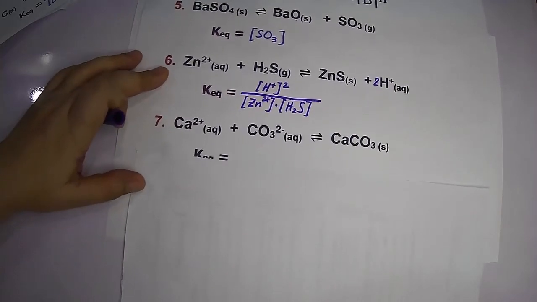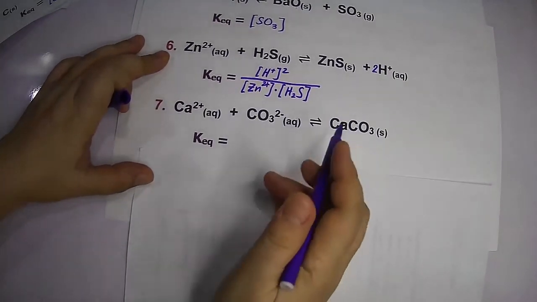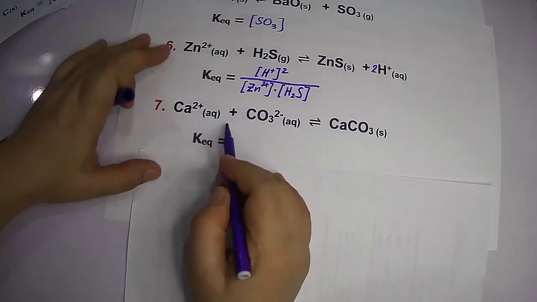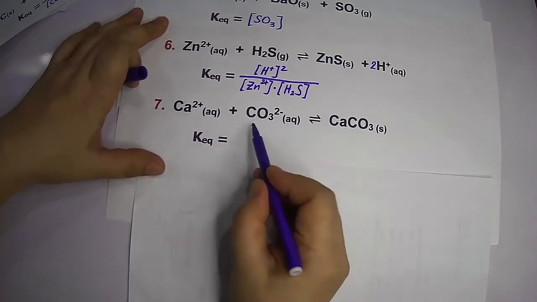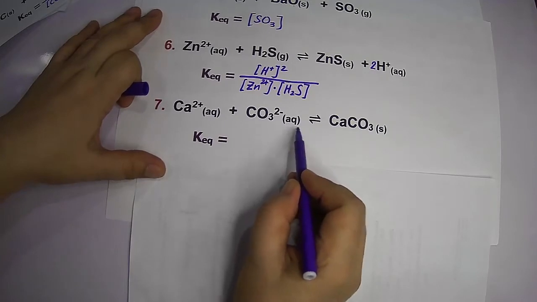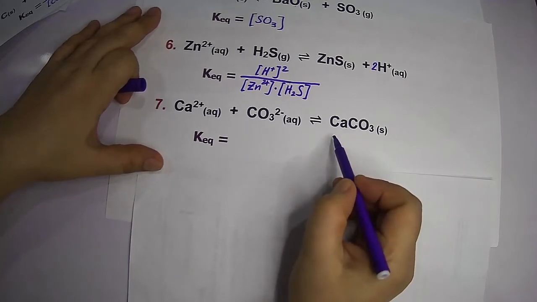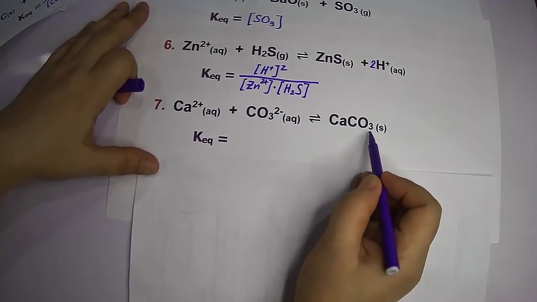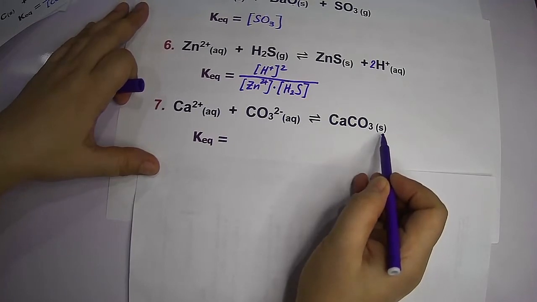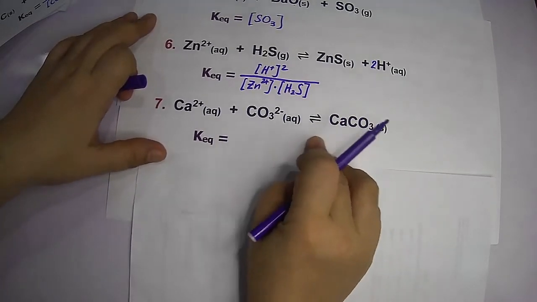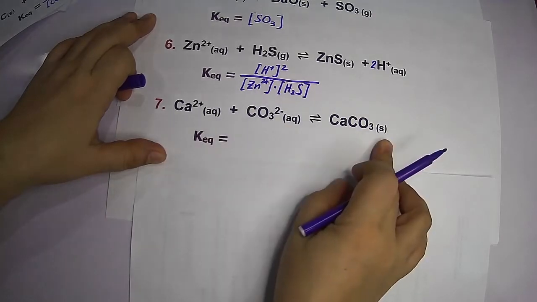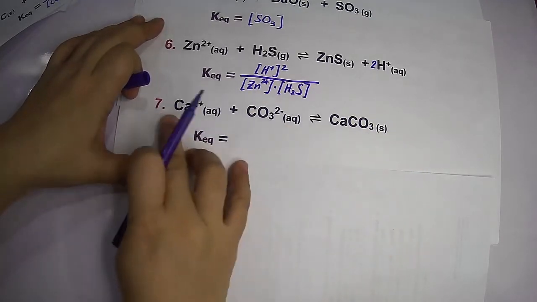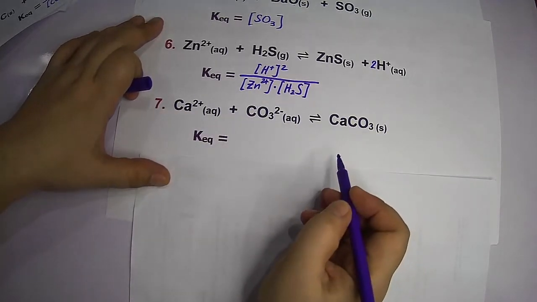Okay, now next, for the 7th example, we have calcium ion in aqueous solution, carbonate ion in aqueous solution, and producing calcium carbonate solid. Okay, this is an example of the precipitation of calcium carbonate from its ions.